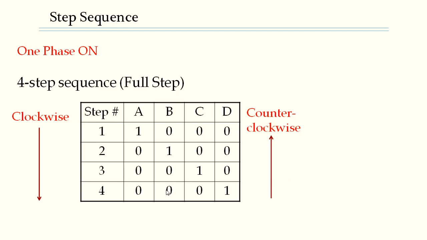On the other hand, when we give the sequence as 1, 2, 4 and 8, it makes the motor rotate in the anti-clockwise direction. So the full step, as I said, would make the internal rotor rotate for the complete step angle of 1.8 degrees or 2 degrees, depending upon the construction of the stepper motor for a particular step angle.